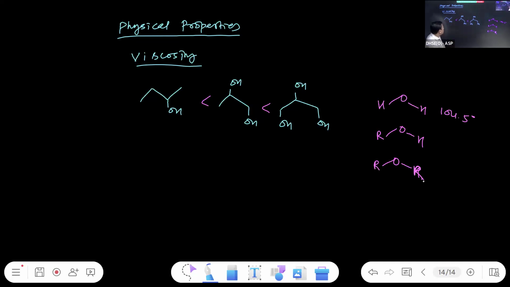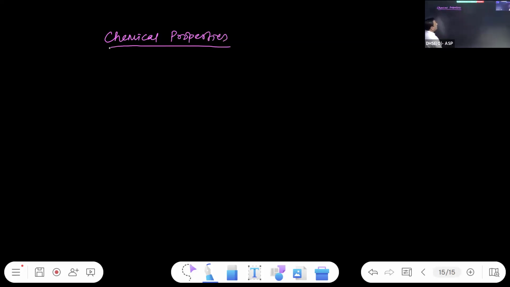Next is chemical properties. Chemical properties of alcohol and phenol.